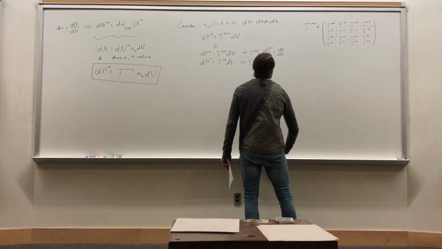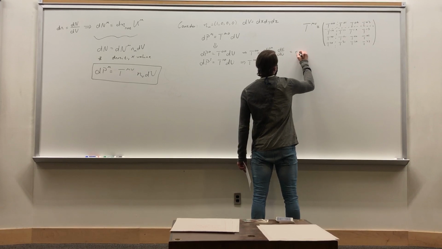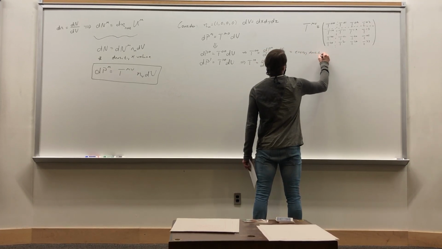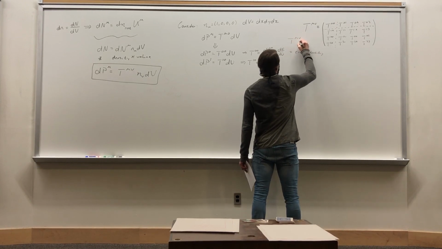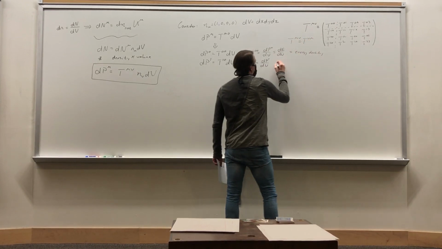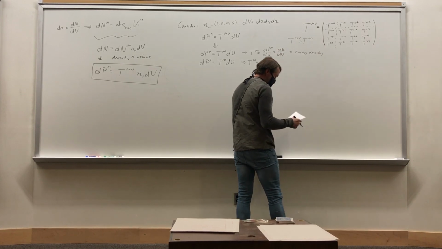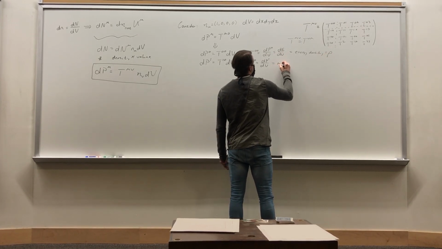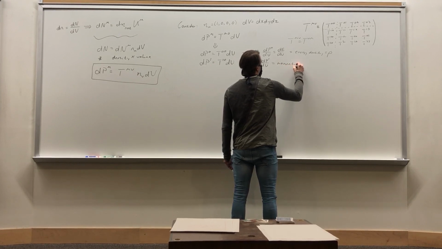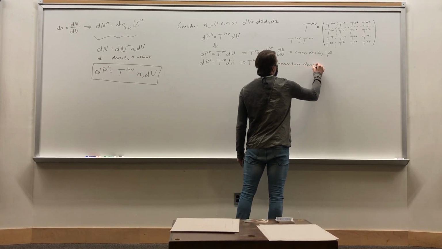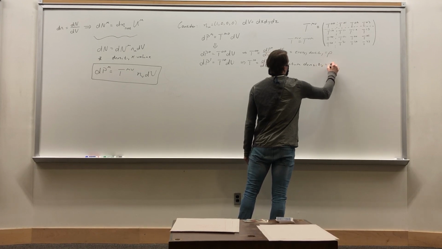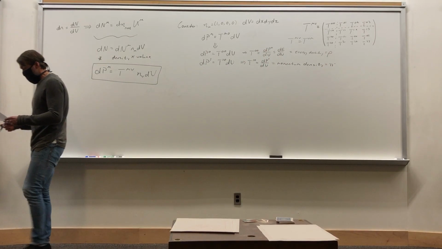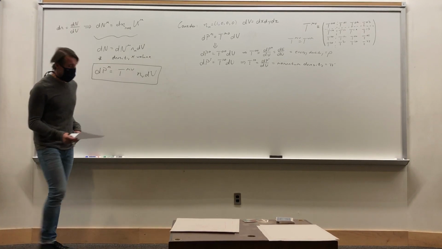But at any rate, this is going to be the energy density, and we might call that rho. And this is going to be the momentum density, and we might call that pi, or pi i, sorry.